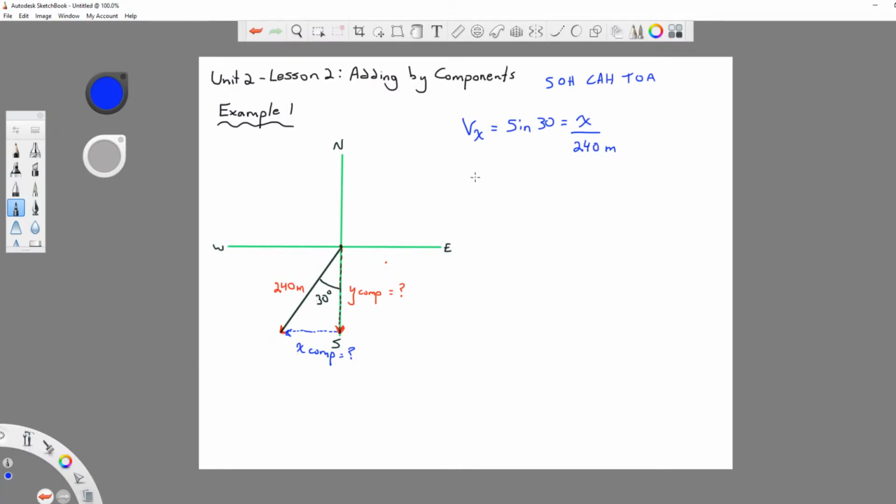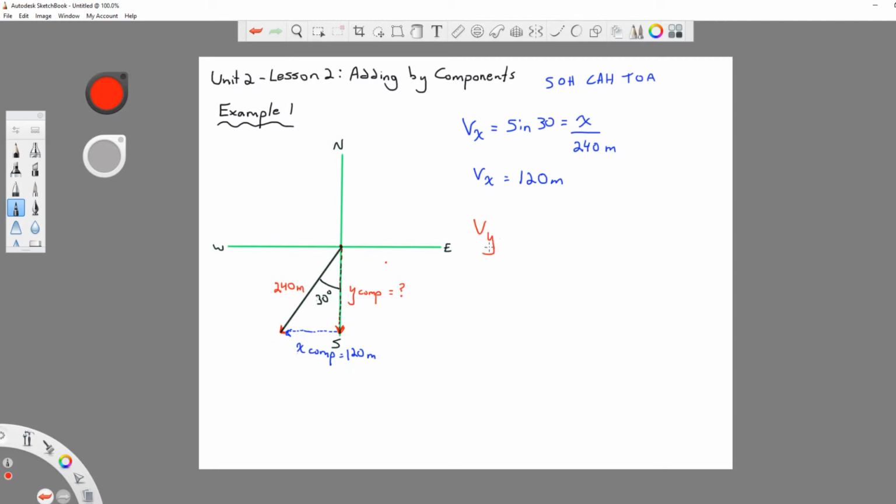And we should end up getting our Vx equal to sine 30 times 240 works out to 120 meters. So we just solved this x component, and we now know that that is equal to 120 meters.